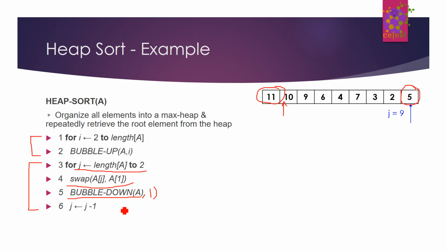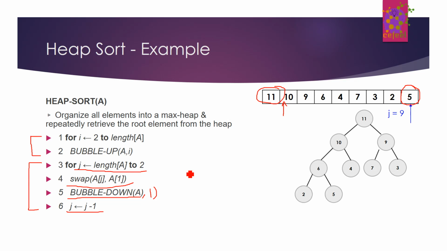Let's say bubble down A[1], which means bubble down the element at the first position, at the root, to its position, and then once we are done, we'll decrement j again, which means the array size is now reduced and we have put one maximum element at its position, and then we repeat this process. So let's now see this in action.